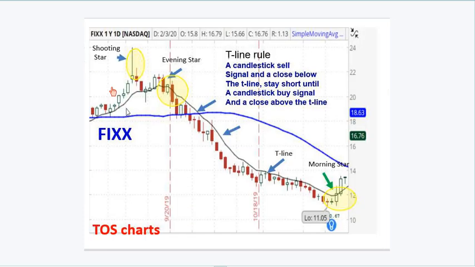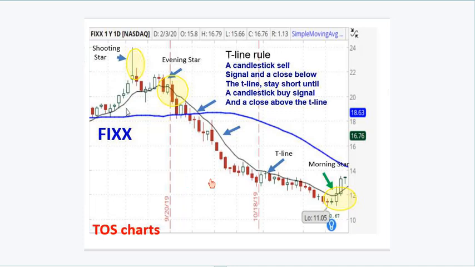Conversely, if you see a candlestick sell signal and a close below the T-line, you can stay short until you see a candlestick buy signal and a close back up above the T-line. This works on your 1-minute chart, 3-minute, 5-minute, 10-minute, hourly, as well as your weekly, daily, monthly. It works on all time frames.